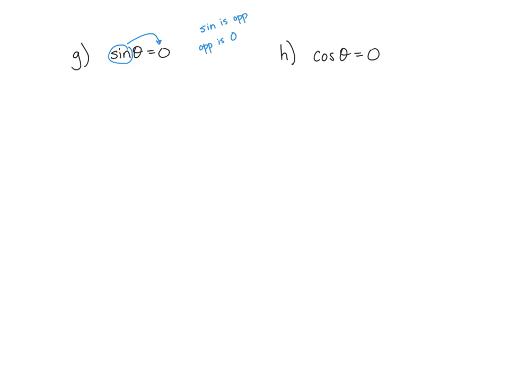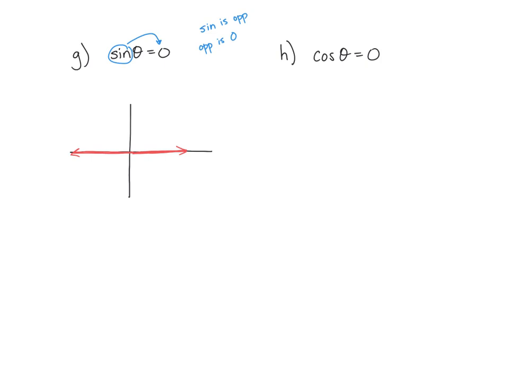If our opposite side is 0, that means it does not go up or down. So when are my opposite sides 0? They are going to be on the positive and the negative x-axis because I have not moved up or down.